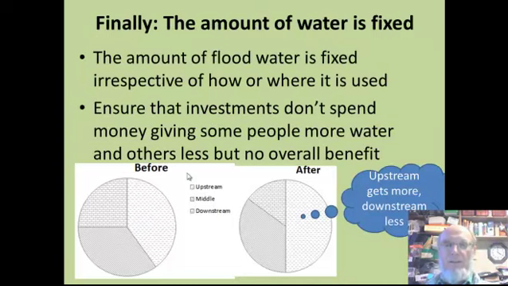It's finally worth reminding you that increasing or changing the engineering interventions in these spate schemes may not create more water. We may just be moving around the water by giving more to the upstream and less to the downstream.